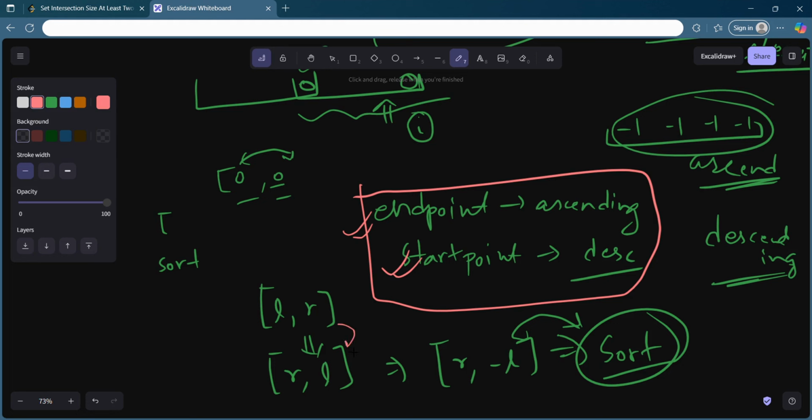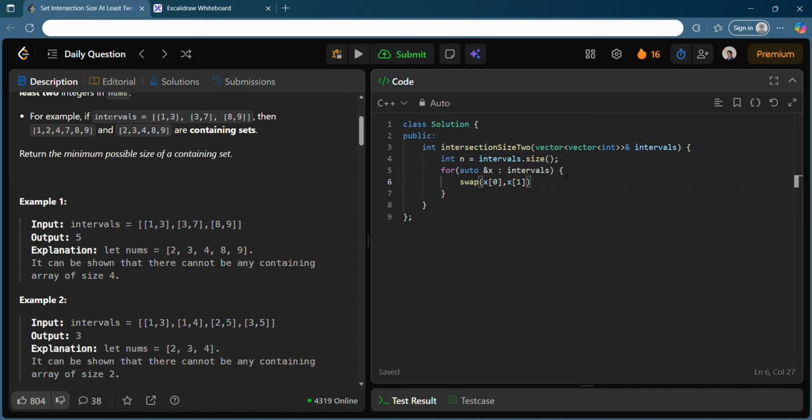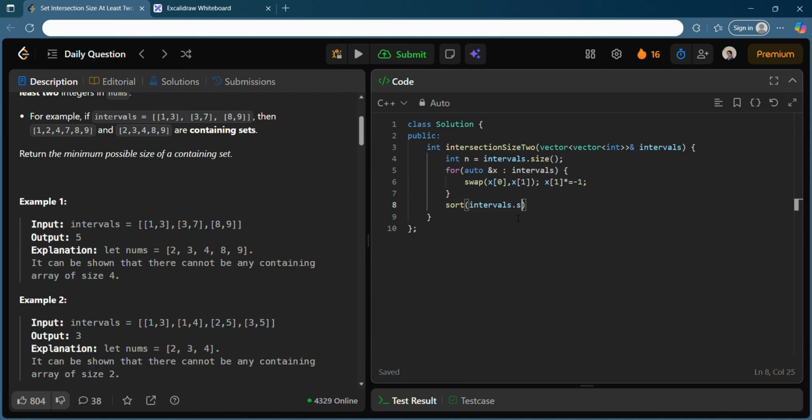So this swap operation is performed, and the next operation is to negate the second element. So you got it, and just perform a simple sort after this, no need to think anything. So intervals dot begin, intervals dot end.